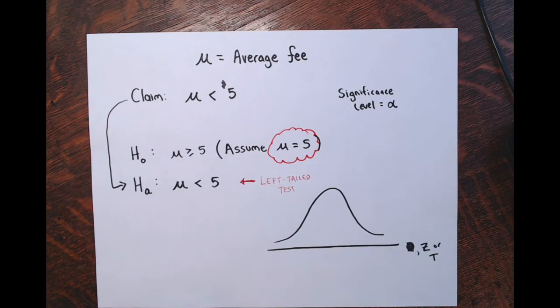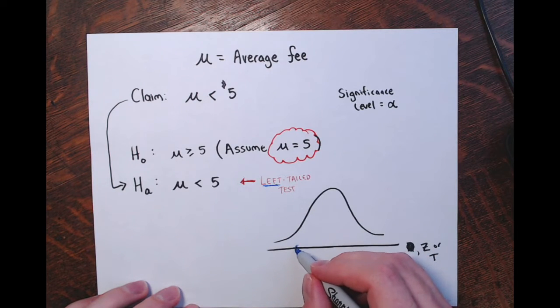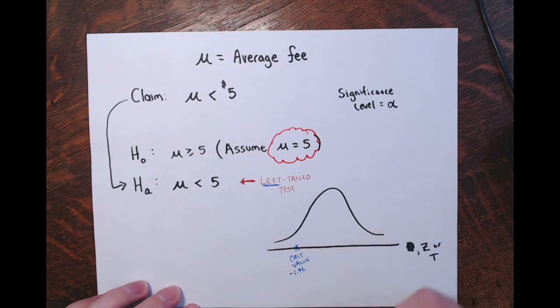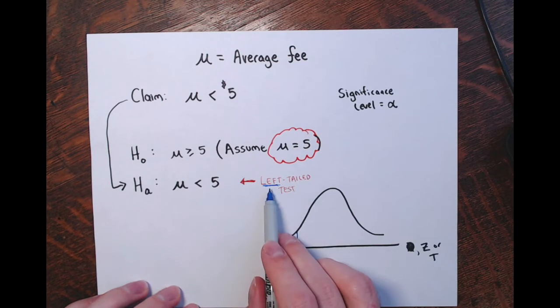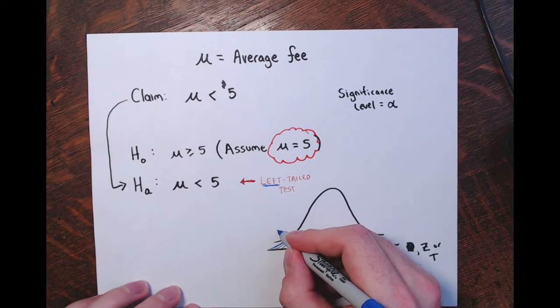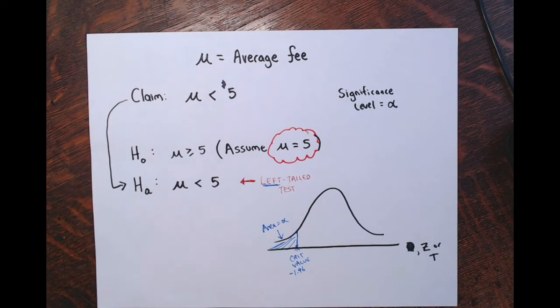When we're doing this critical value approach, and it's a left-tailed test, my critical value, which they gave us as negative 1.96, is the value on the number line with an area of alpha to the left, because again, this is a left-tailed test. Area equals alpha. And this area to the left of the critical value is called the rejection region.